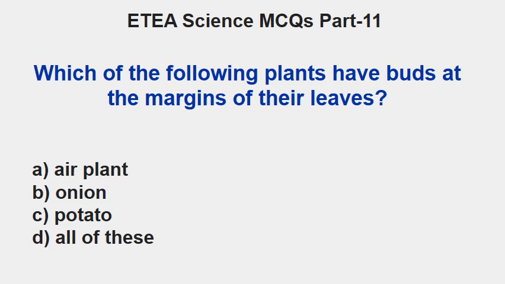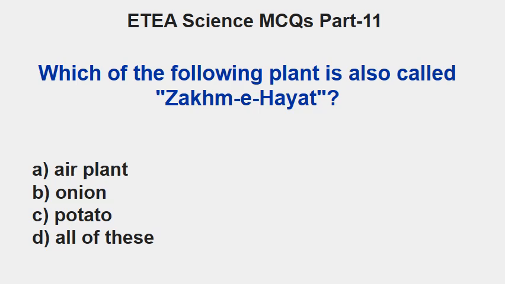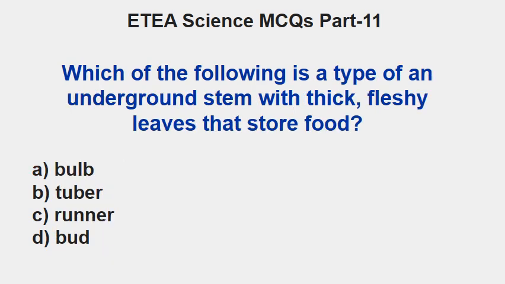Which of the following plants have buds at the margins of their leaves? Which of the following plant is also called Zakami Hayat? Which of the following is a type of an underground stem with thick, fleshy leaves that store food?